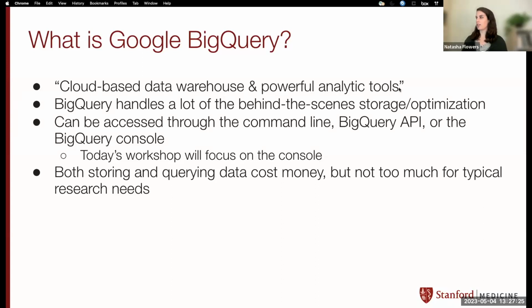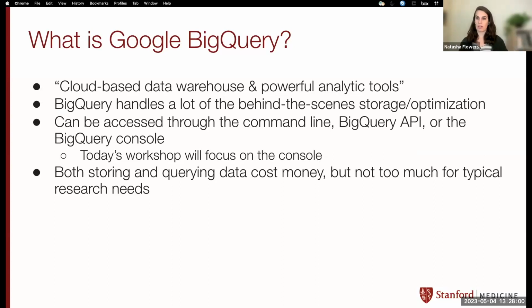Basically it handles a lot of the behind-the-scenes storage and optimization of your queries and allows you to store your data there and then query your data, as well as providing a lot of other nice features. And it can be accessed a variety of ways. You can access data that's stored in BigQuery and run queries on it through the command line. You can also do it using a BigQuery API if you're working from a Jupyter notebook or RStudio. And you can access it directly from the BigQuery console. And that's what we're going to be doing today.